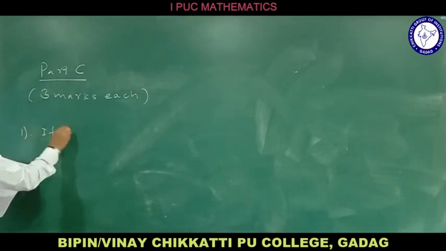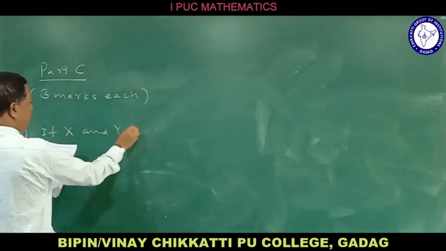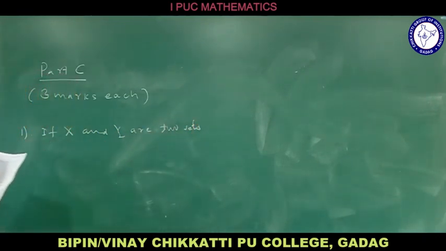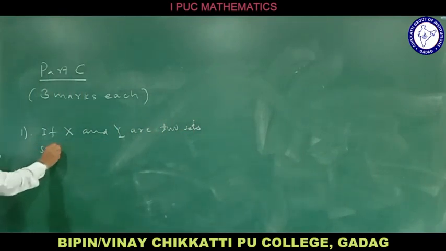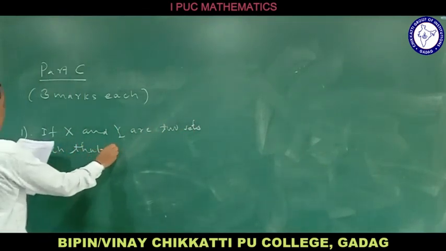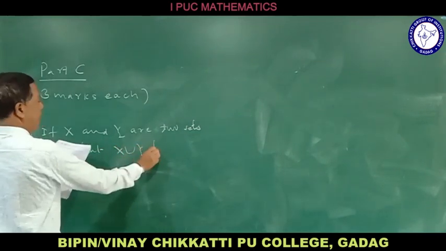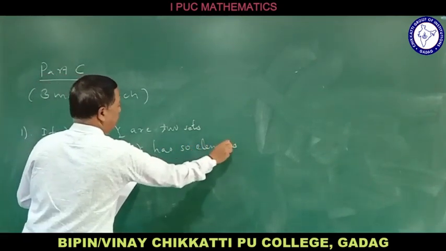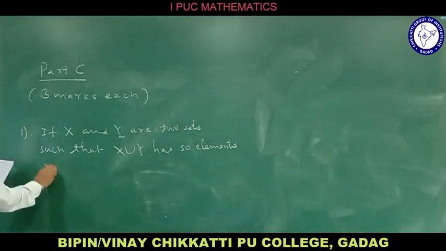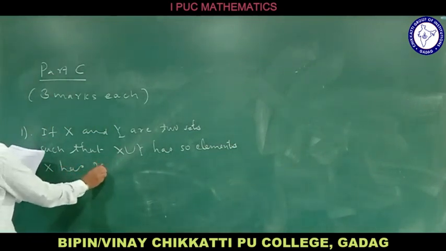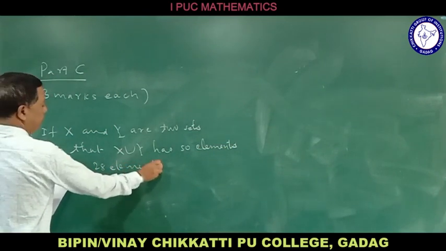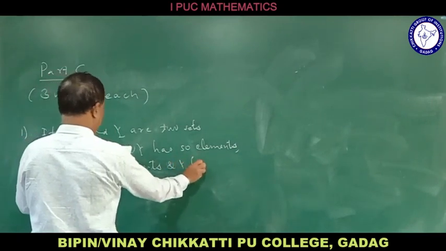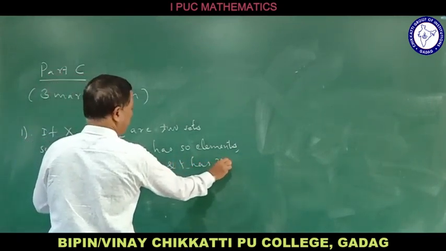Look at this: if x and y are 2 sets such that x union y has 50 elements, x has 28 elements, and y has 32 elements.